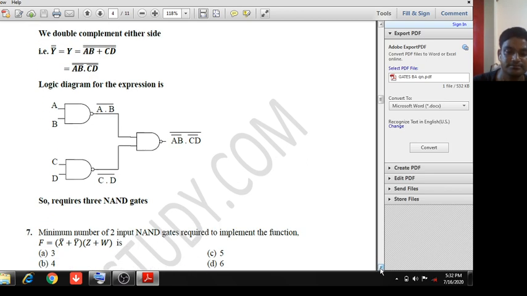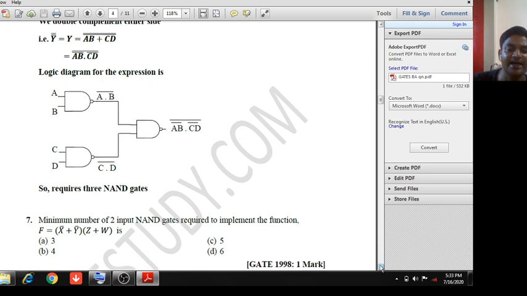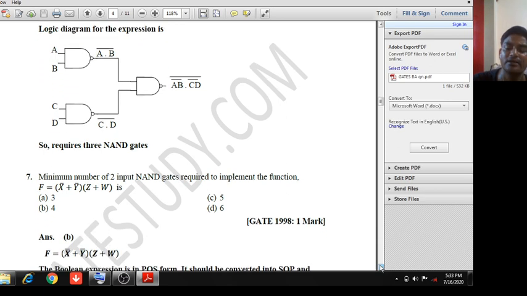Next, what is the minimum number of 2-input NAND gates required to implement the function x bar plus y bar, z plus w? It is just like your XOR gate. In the case of XOR gate, I explained that you have to avoid individual complements, and you can make it a common input. So take x bar plus y bar, which is nothing but x dot y whole bar, just like the XOR I explained in your video lecture.